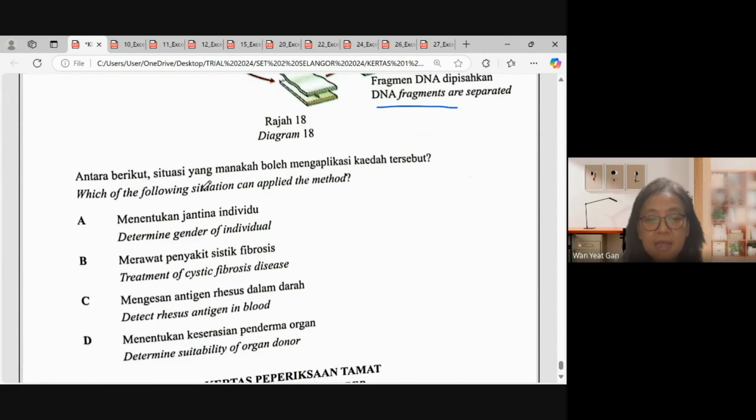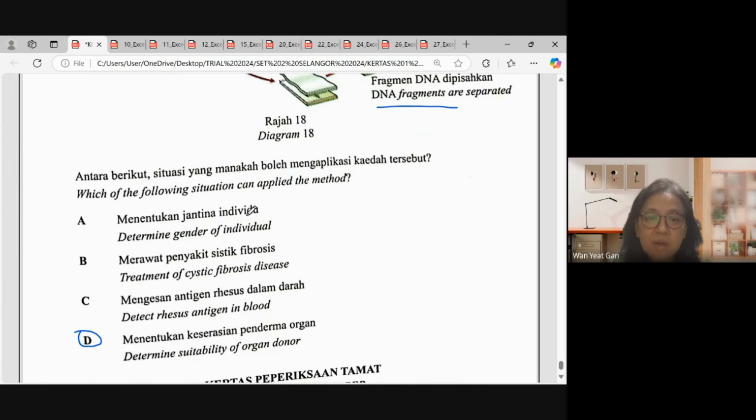This is DNA profiling. DNA profiling is used in determining the suitability of an organ donor. It is also used in identifying the suspect at a crime scene, and also used to determine the child of a pair of parents who dispute their parentage.